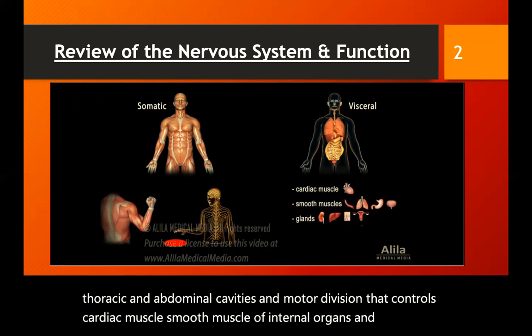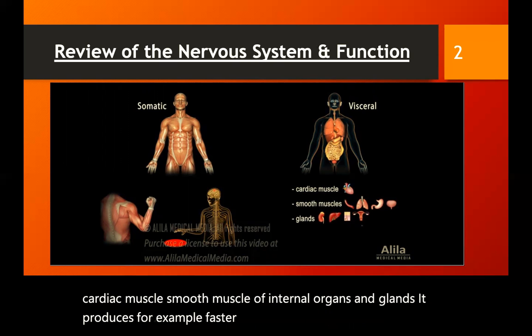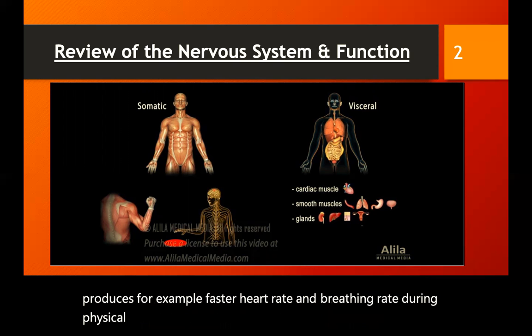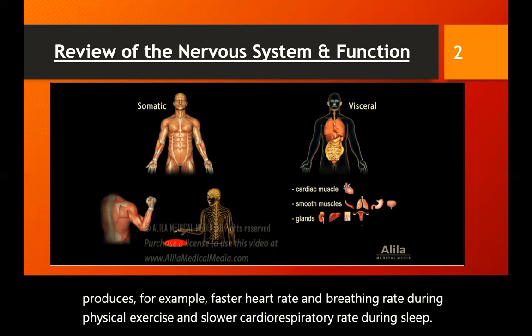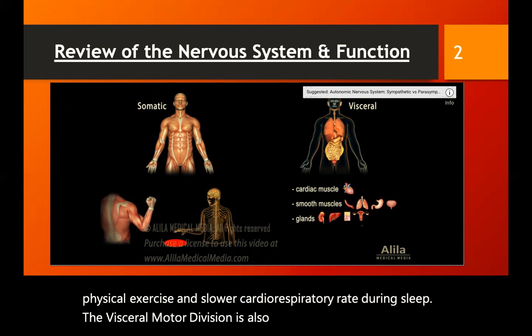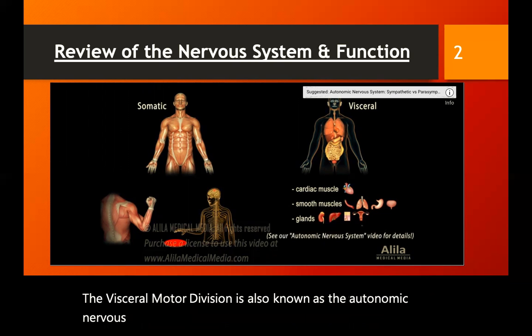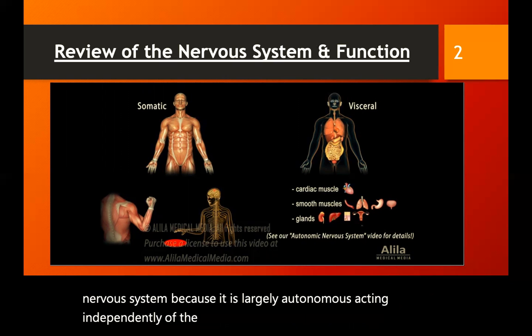It produces, for example, faster heart rate and breathing rate during physical exercise, and slower cardiorespiratory rate during sleep. The visceral motor division is also known as the autonomic nervous system because it is largely autonomous, acting independently of the body's consciousness and voluntary control.